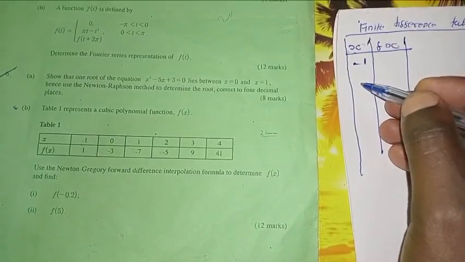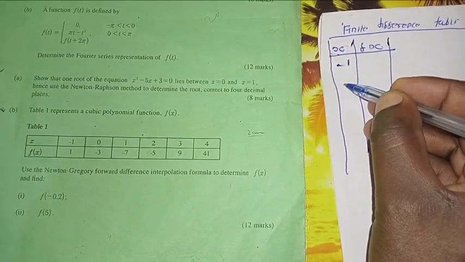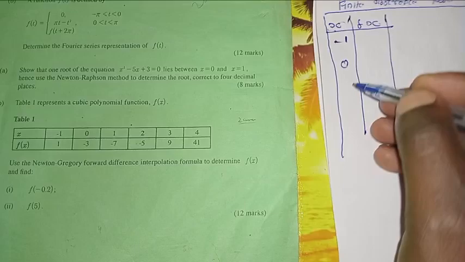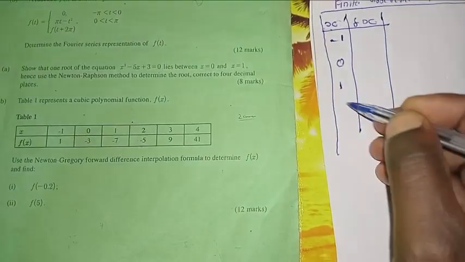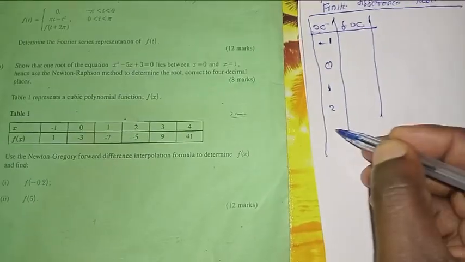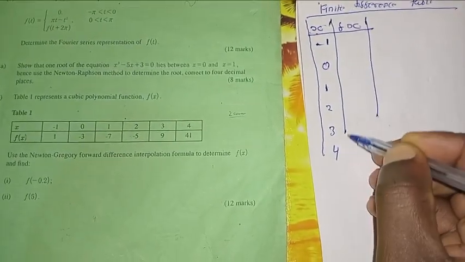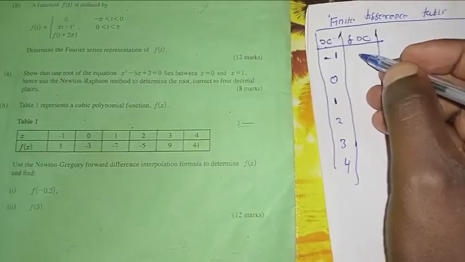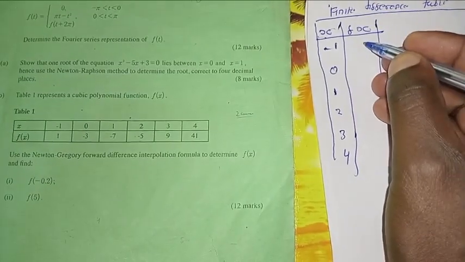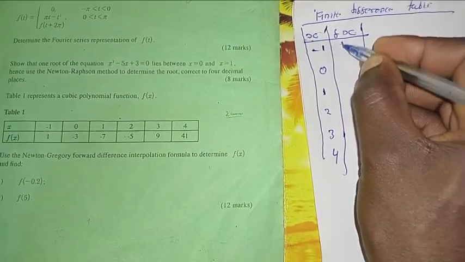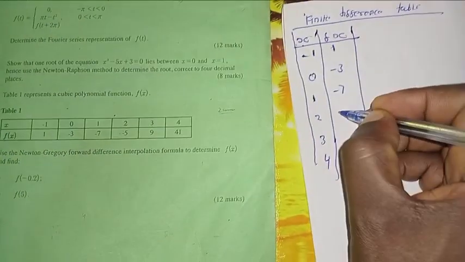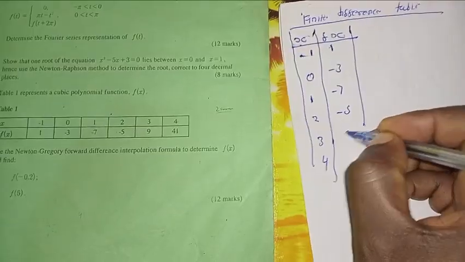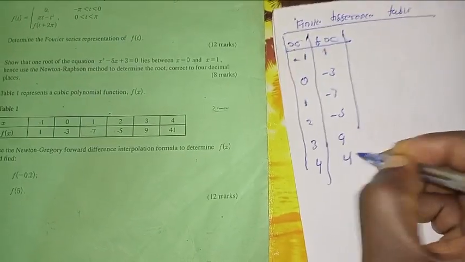You leave a space, then say 0, a small space, 1, a small space, then 2, 3, 4. Again, the values of f(x) are 1, -3, -7, -5, 9, and 41.